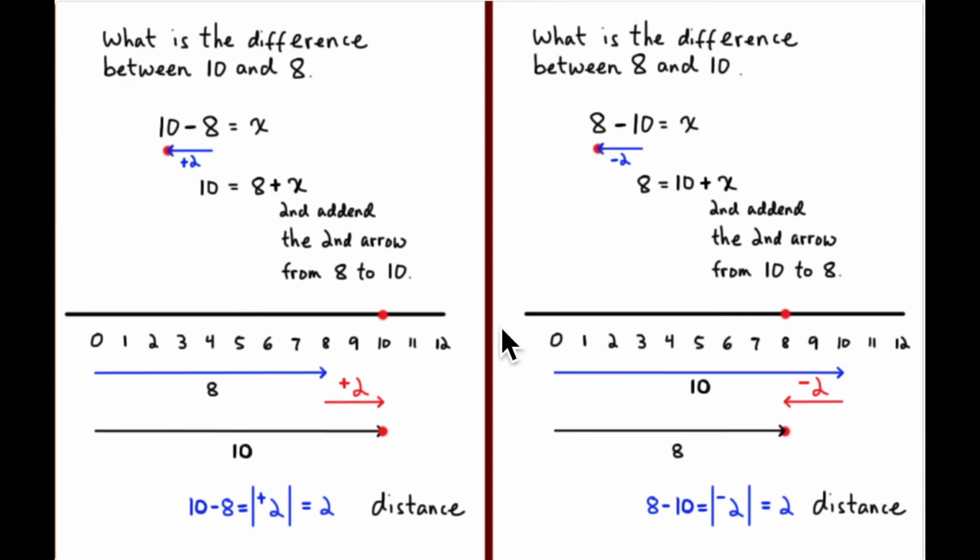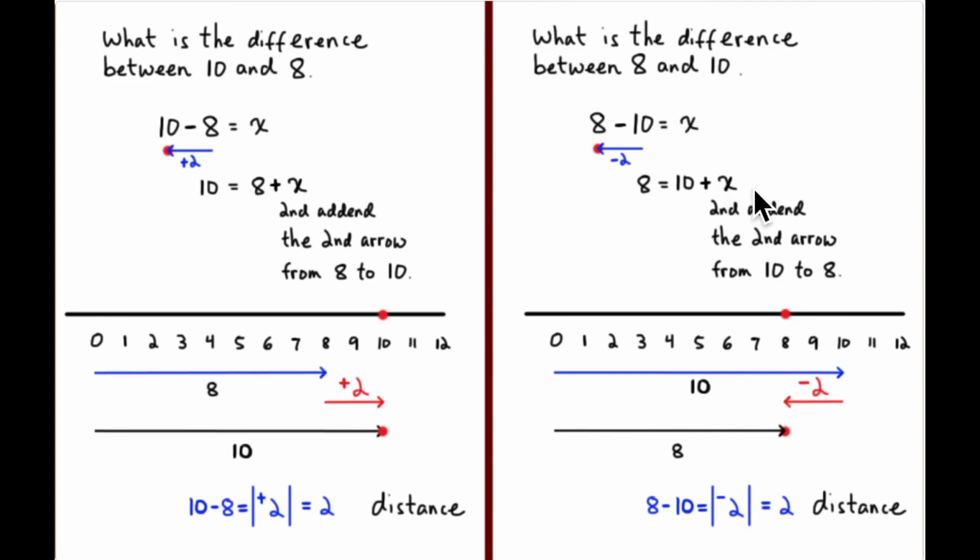So it's a positive. But if you switch the order, what is the difference between 8 and 10? So now 8 is the sum, and you're starting at 10 and you're moving to 8. So you're moving in a negative direction. So that answer is going to be negative 2. And the missing addend problem is 8, that sum, is equal to 10 plus what number?